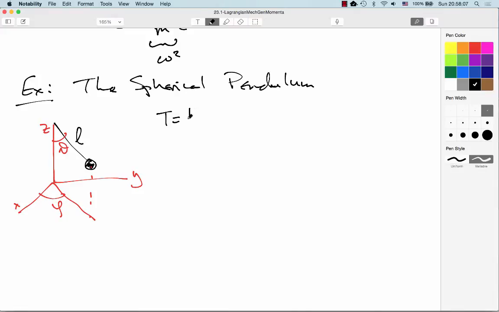So that would be 1/2, and let's do the v dot v thing one more time just to get a feel for it. This time in spherical coordinates. So this would be 1/2 m. In the r direction, our velocity would have to be L dot, but by the constraint, that's 0. And then in the theta direction, we'll be going at L theta dot, so that's e theta hat.